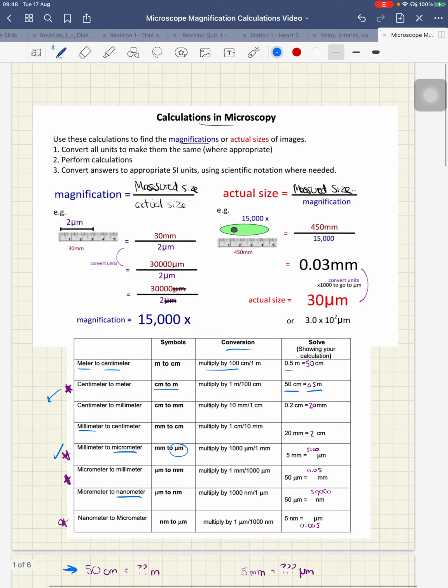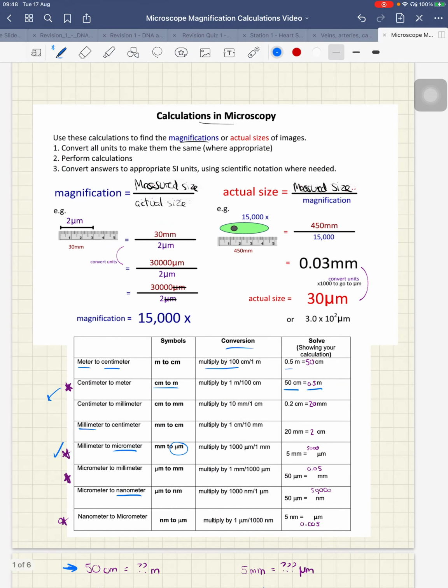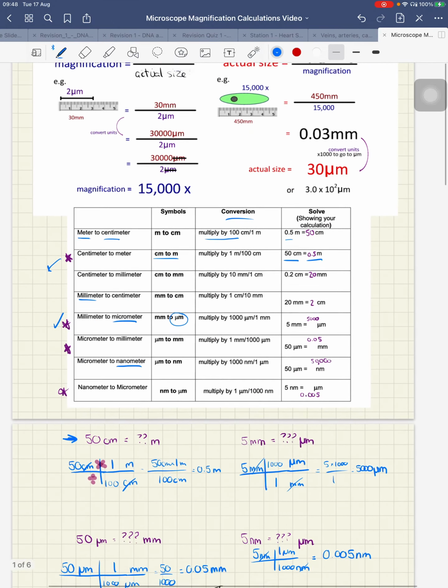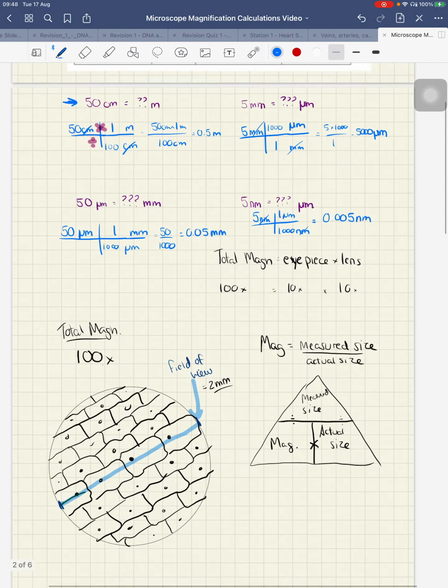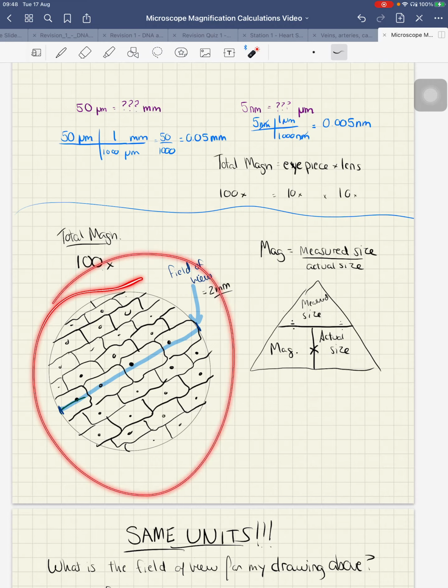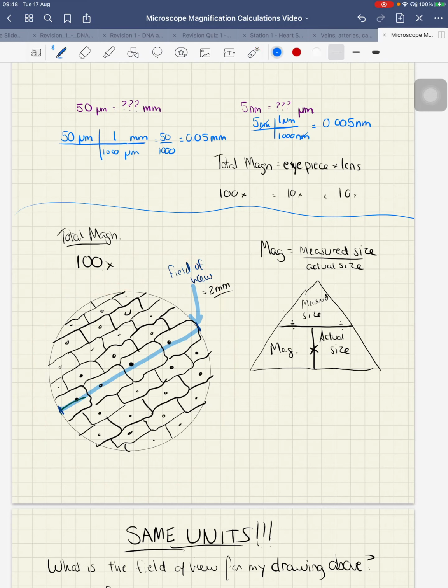So converting the units is the first step, and that's what I've shown you here. The second thing is performing the calculations. Let's say, for example, this was the drawing of a plant cell. Let's label this: this is an Elodea leaf under a microscope, and hopefully when we're back in school we can look at that.